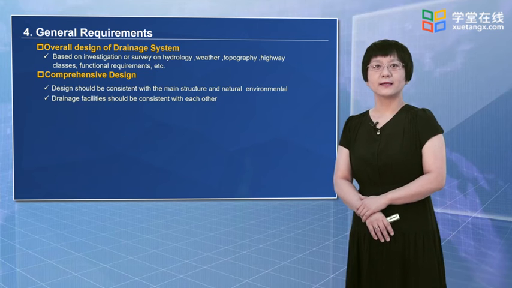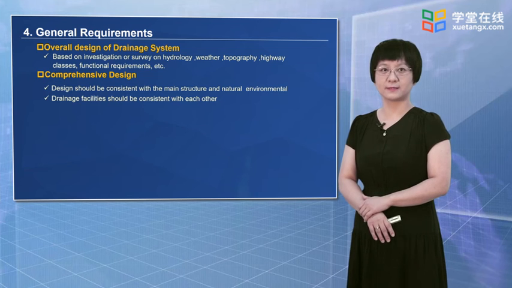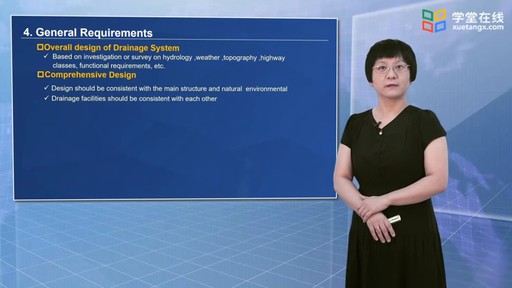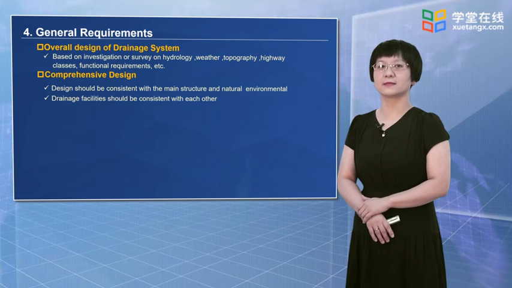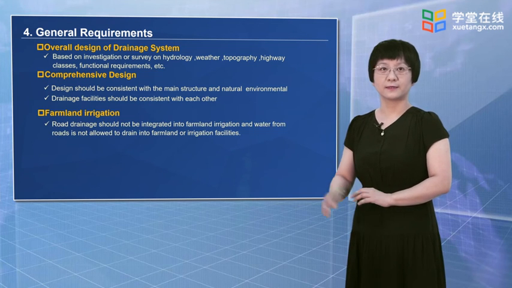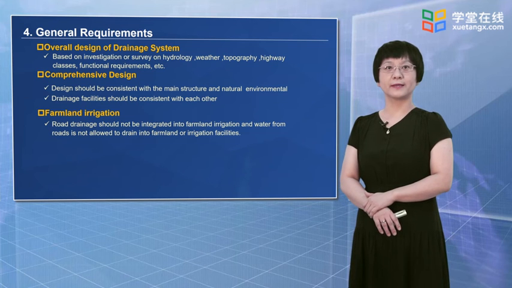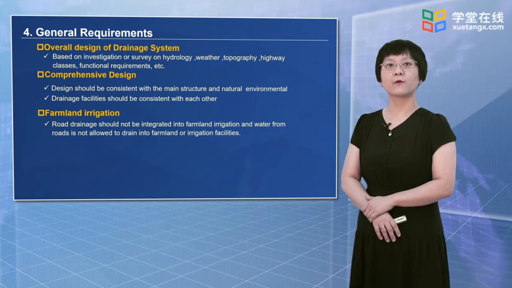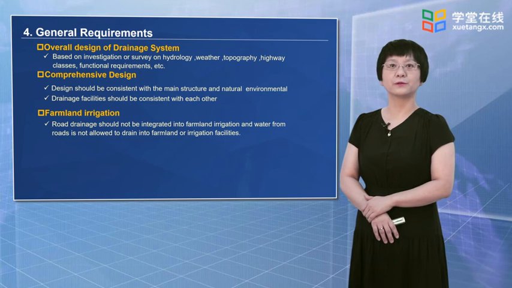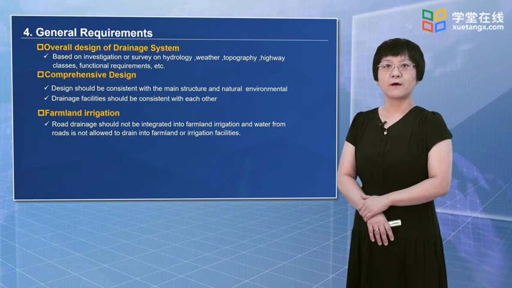Secondly, drainage design should be consistent with the main structural and natural environmental conditions. Of course, different drainage facilities should also be consistent with each other. Third, road drainage should not be integrated into farmland irrigation, and water from roads is not allowed to drain into farmland or irrigation facilities.